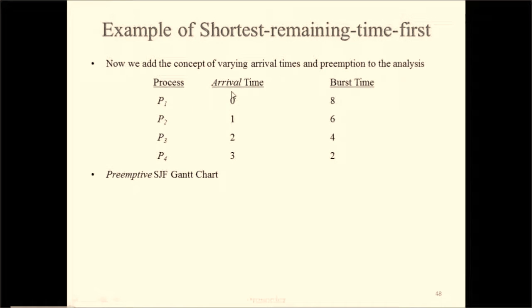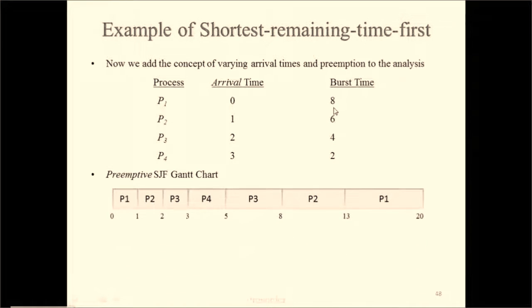So P1 has arrived at 0, burst time is 8, P2 at 1, burst time is 6, and so on for P3 and P4. Now how will the Gantt chart look? At time 0, remember that there is only one process, P1, in the system.